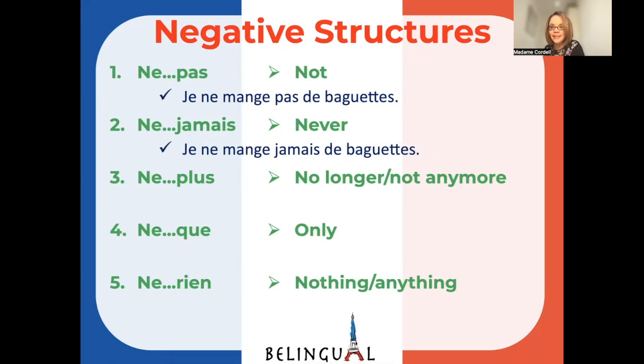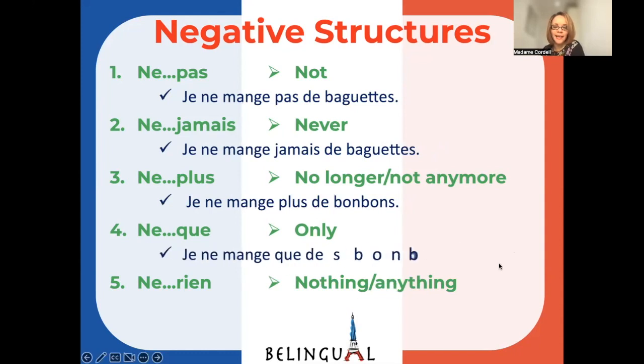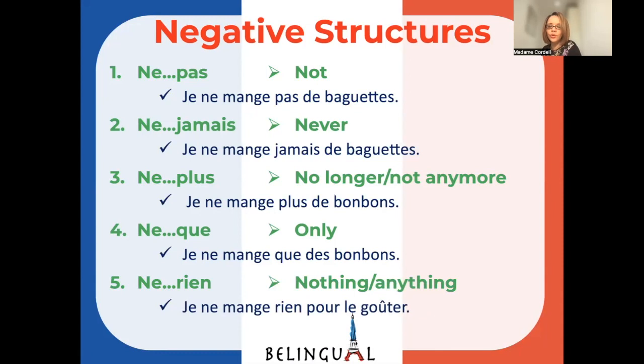I never eat baguettes. Next one with ne plus. Je ne mange plus de bonbons. D'accord. Numéro 4. Je ne mange que des bonbons. Et pour finir, je ne mange rien pour le goûter.